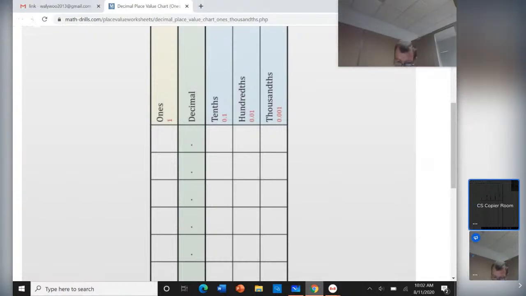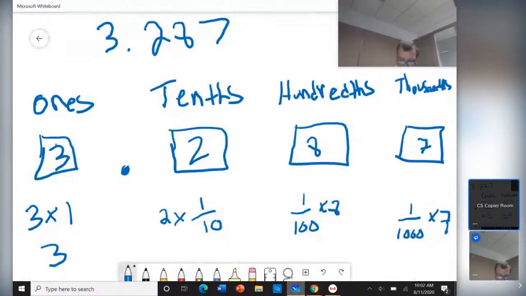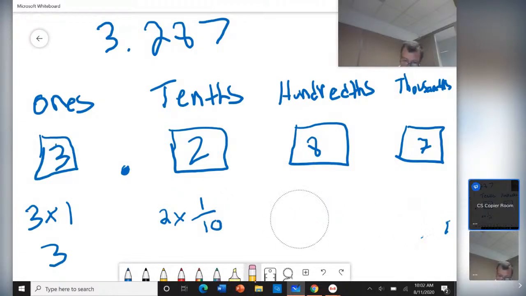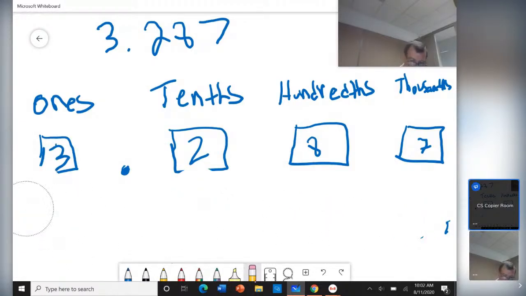So if I did one more column here, let me erase this. The tenths would go right here. So if you had 83, that would be 8 times 10, 3 times 1.